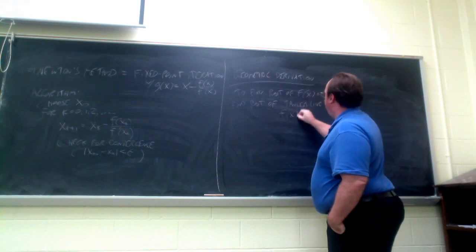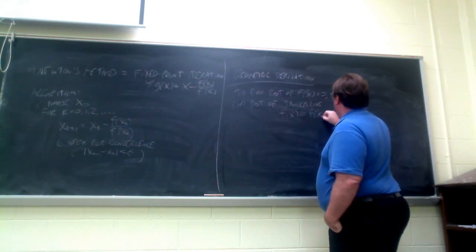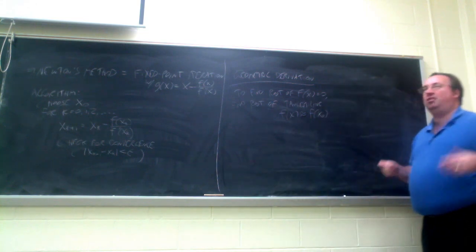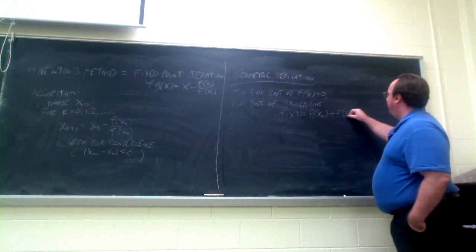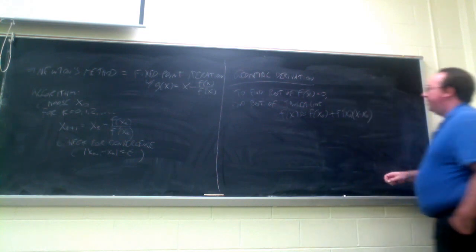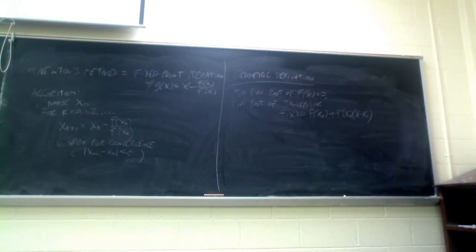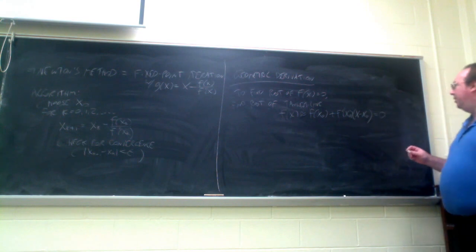So f of x is now approximated by, we can pick some x naught, that'd be like our initial guess, plus f prime of x naught, that's the slope. I'm using point slope form here. So we see where this is equal to 0.